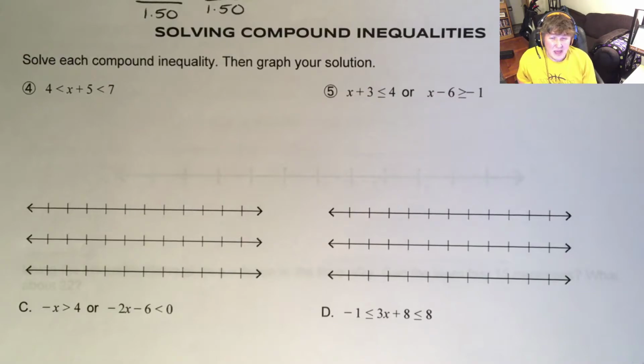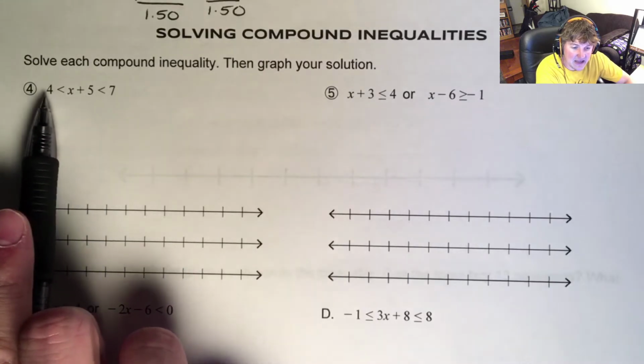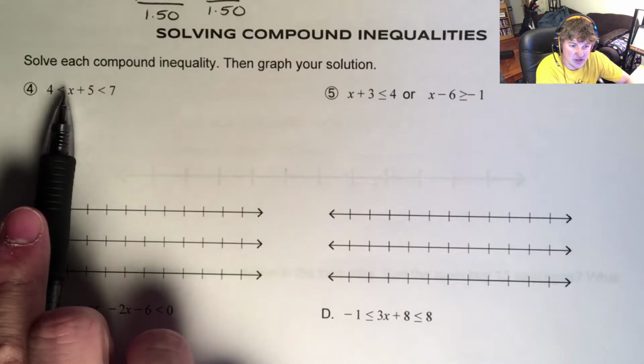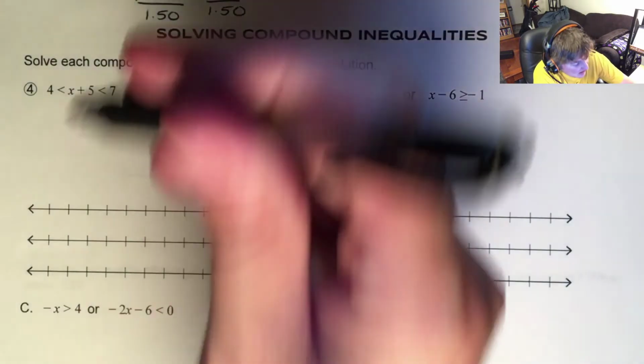So one thing mathematically speaking is that and inequalities will either be written with the word and, or it will be bridged together like this. Any inequality that has a number or an expression, inequality sign, another expression, written like this, is automatically an and inequality.